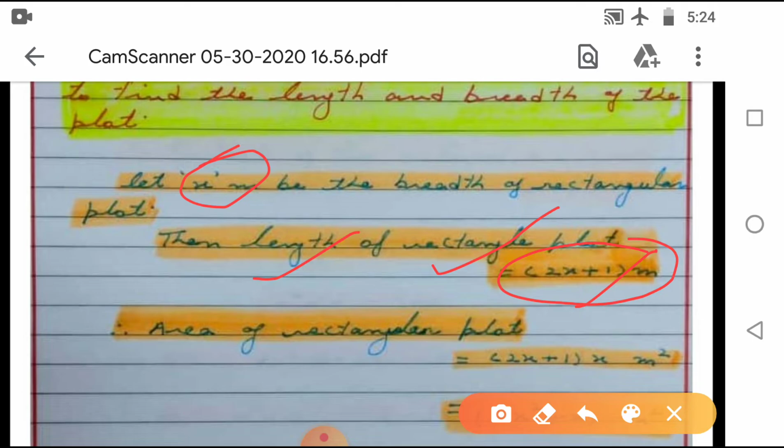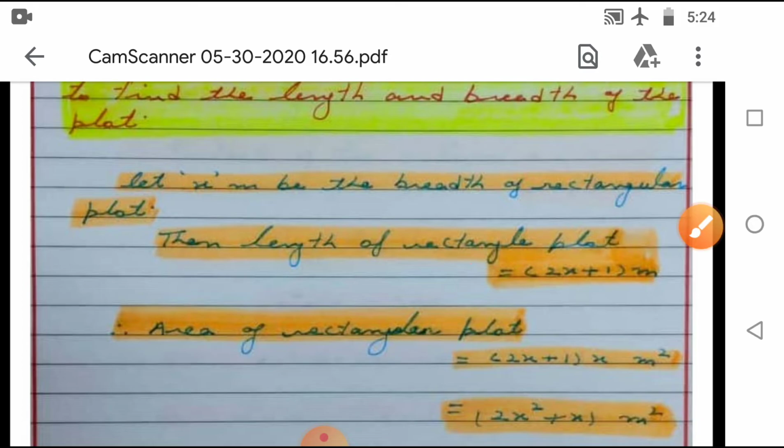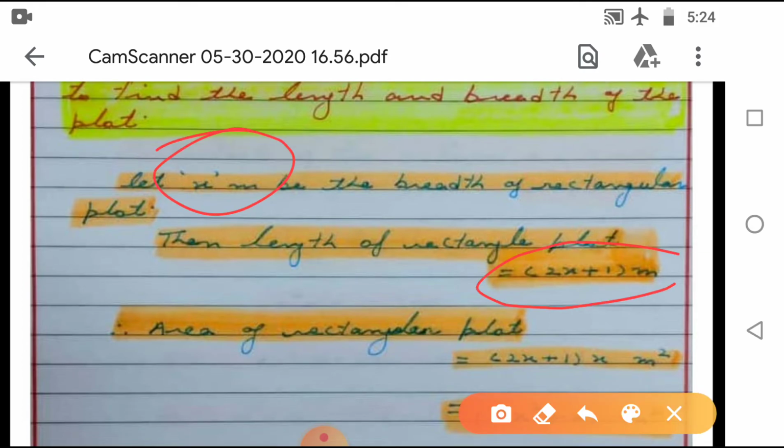The area of a rectangular plot is 528 meters square. Now the length is 2x plus 1 and the breadth is x. So, what is the area? Area of a rectangle is length into breadth. So, length is 2x plus 1 into x meter square.